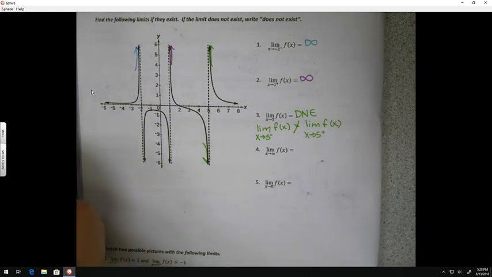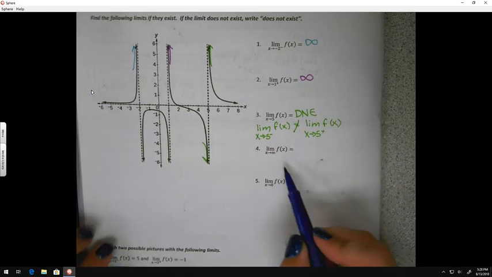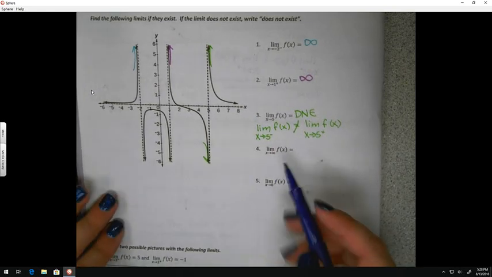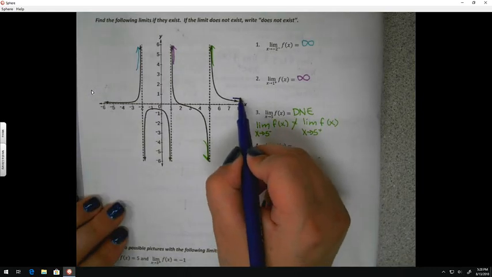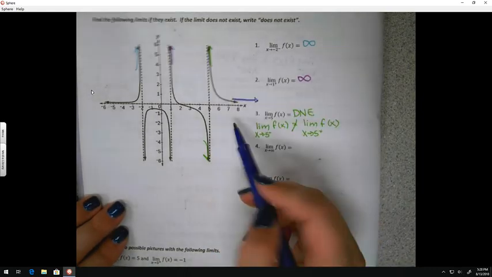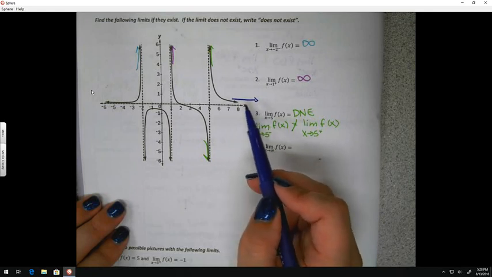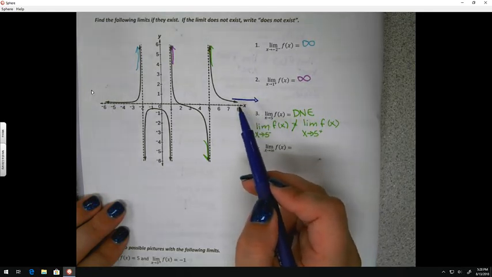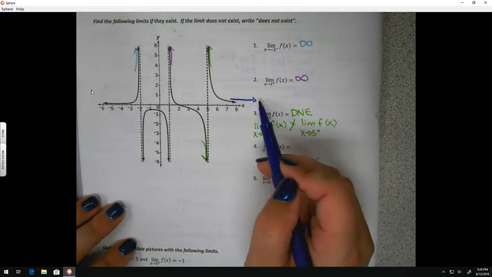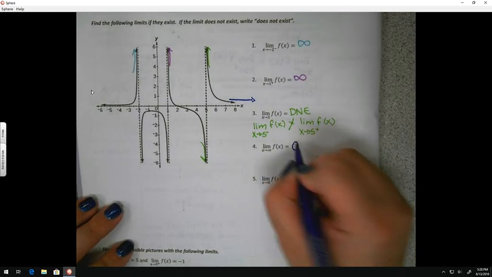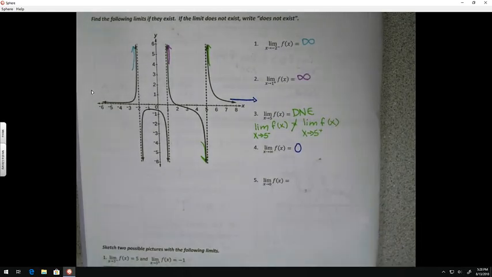All right, now we need to look at the limit as x approaches infinity of f of x. So as x approaches infinity, that means as x gets bigger and bigger and bigger. So we're following this here. And if we look, there's a horizontal asymptote at 0, which means this is approaching 0 as it gets bigger and bigger and bigger. So the limit as x approaches infinity is 0.